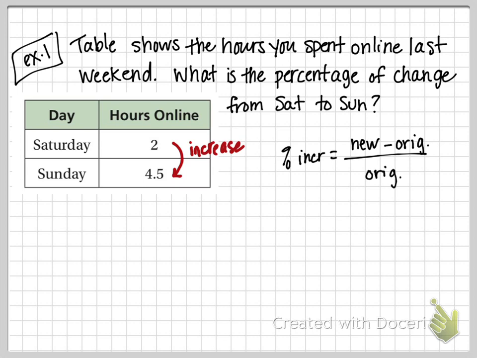So our original amount was what happened Saturday, right? Our 2 hours on Saturday was the initial amount, and we're comparing that to the new amount, which is the 4.5 hours on Sunday. So then we just can plug in to solve.